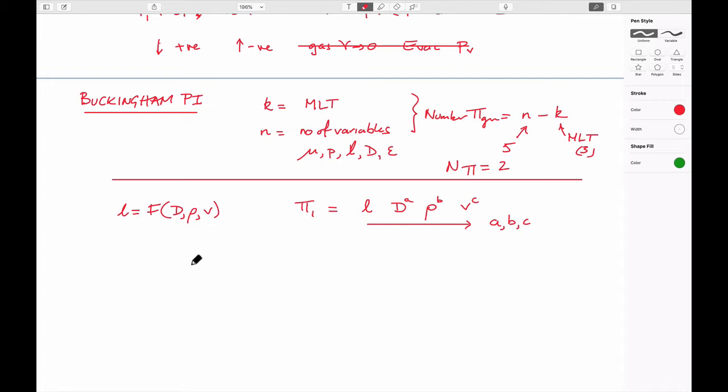Then typically the next dimensionless group would be that viscosity is some function of those same repeating variables, which, if you look at prior exams, you're always given. So the second pi group would be in terms of viscosity. And again, you would use the same repeating variables to find out what the exponents are of this dimensional relationship, and then define it.